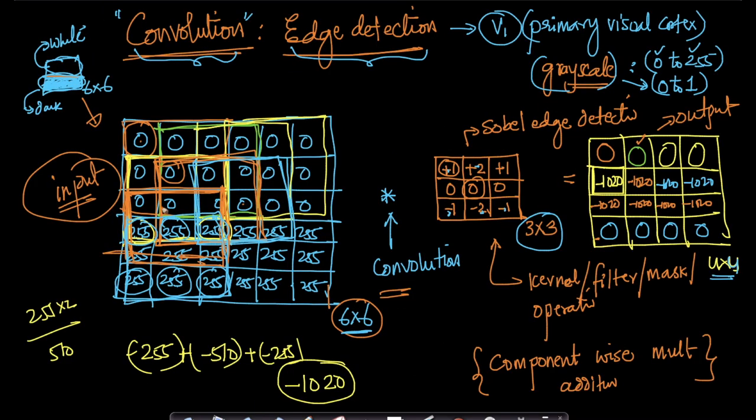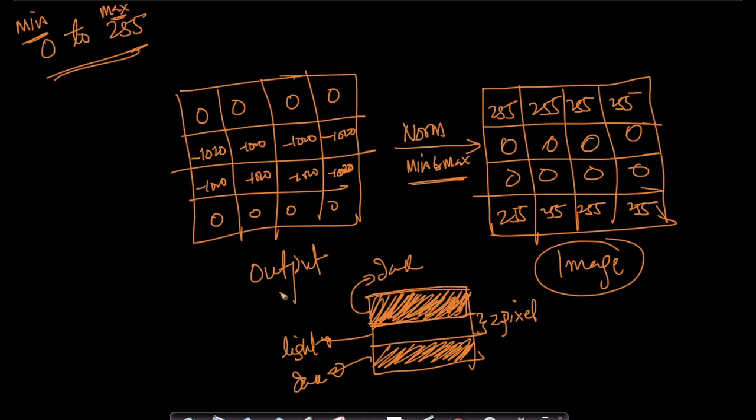And our edge was actually here, right? Our edge was actually here. So corresponding to an edge in your image, you're going to get 2 white lines.